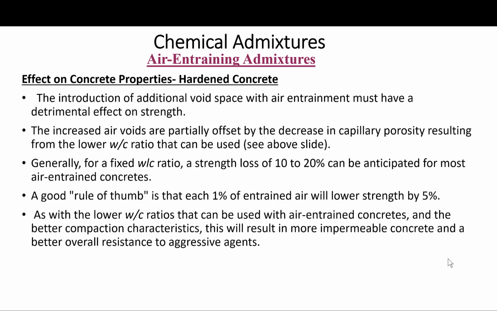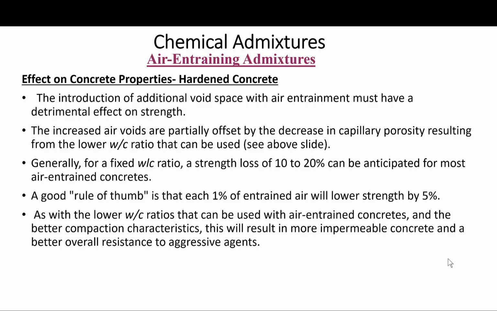Okay, so let's see now the effect of the air-entrainment admixtures on the hardened concrete. The introduction of additional void space with air-entrainment must have a detrimental effect on strength. That can be easily figured out.